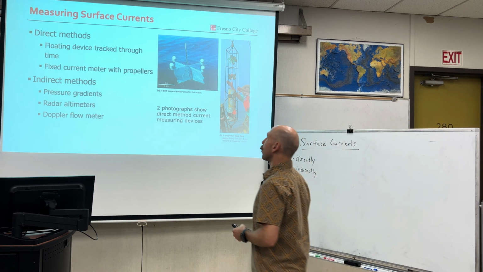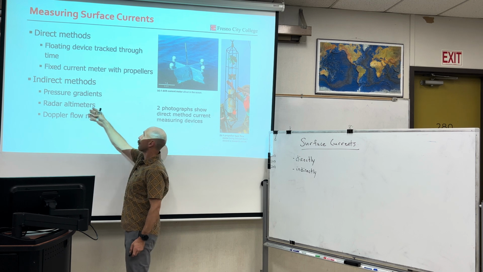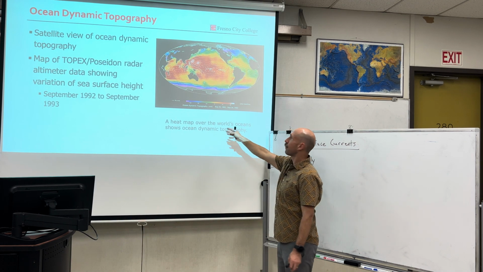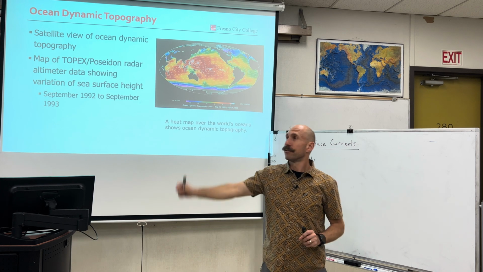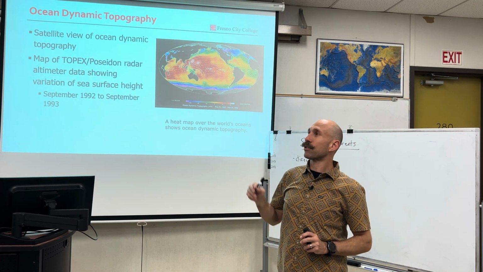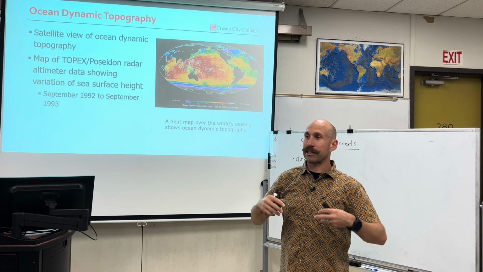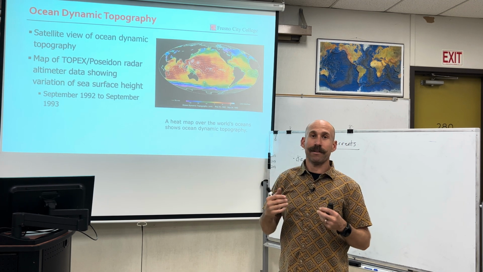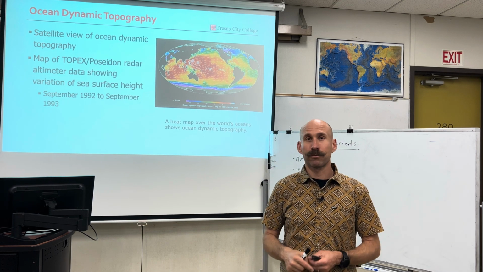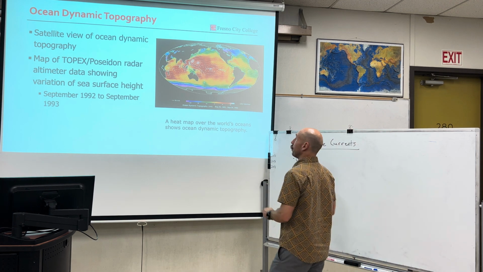You can also use data from satellites, radar altimeter, and here we have the ocean dynamic topography. Electronic equipment in Earth's low orbit, circling the globe, that collect a myriad of information that allow us to understand how these various systems work. We live in an age of information, and it's really, really cool.